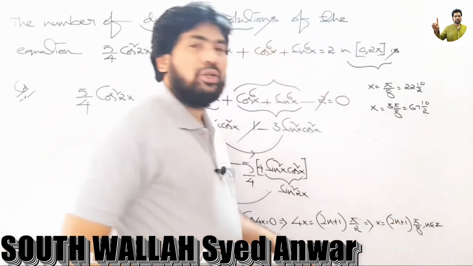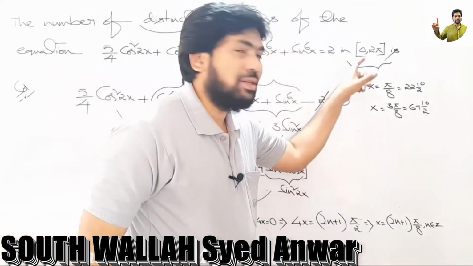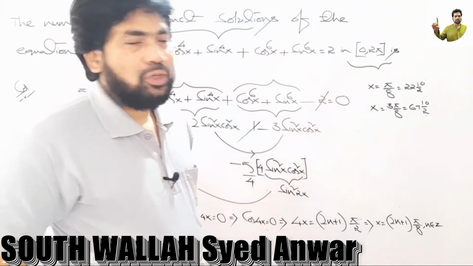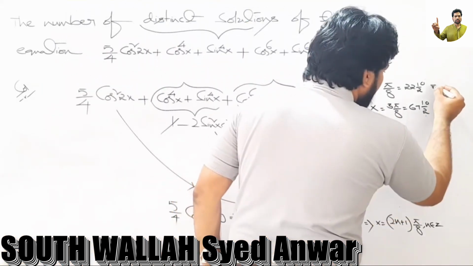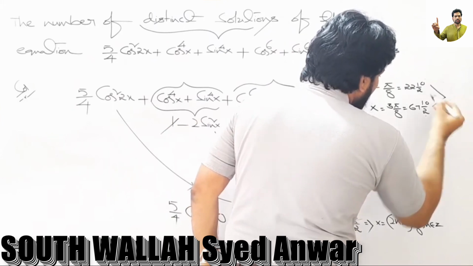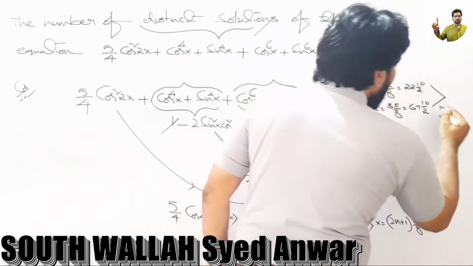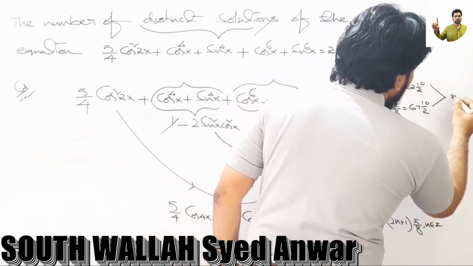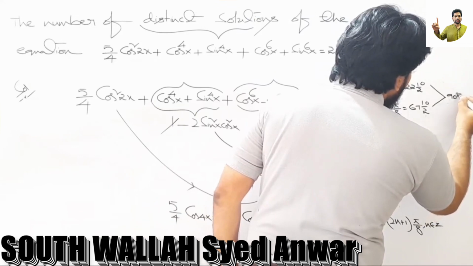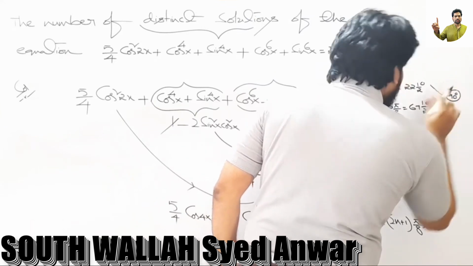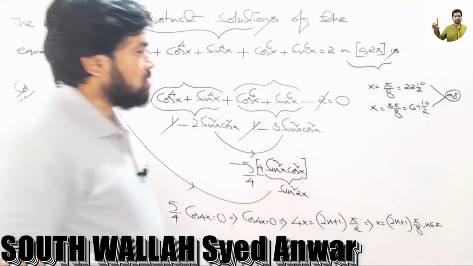Now I am not going to find all the values which are lying between 0 and 2π. I would like to apply some logic here. See here. I have got two values between 0 and 90 degrees. That means up to 90 degrees I have got two values. What is the given interval?